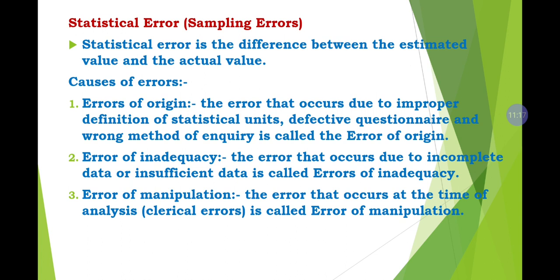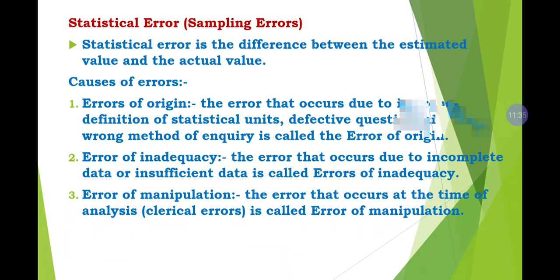When they went to other places, people who were negative tested positive, and people who were positive tested negative. So this is manipulation. Data can also be manipulated like this.